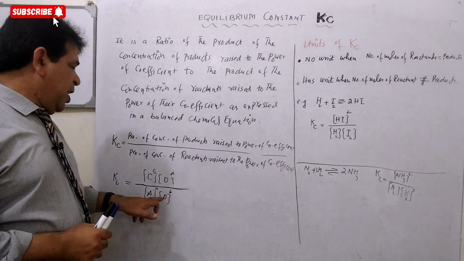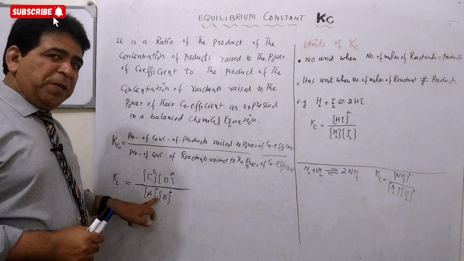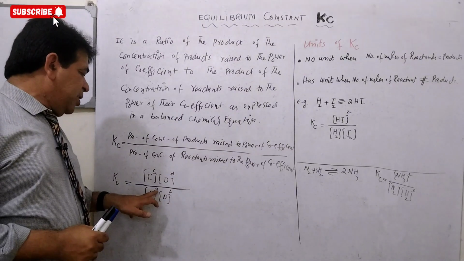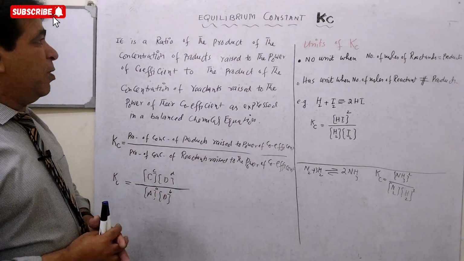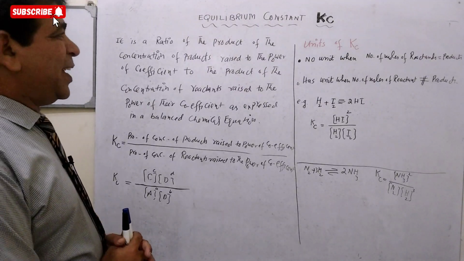Meaning A and B, their molar concentrations are multiplied with each other, and the coefficients become their powers. Now hopefully you have got an idea about Kc.